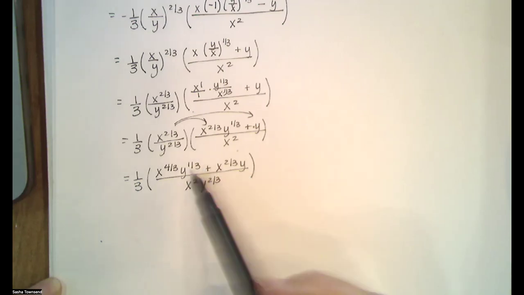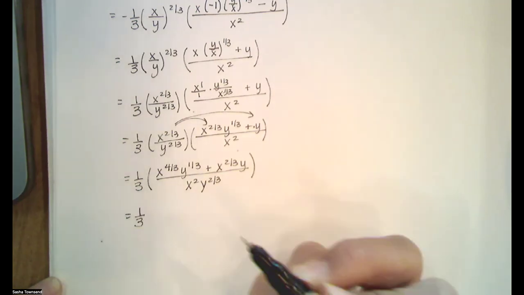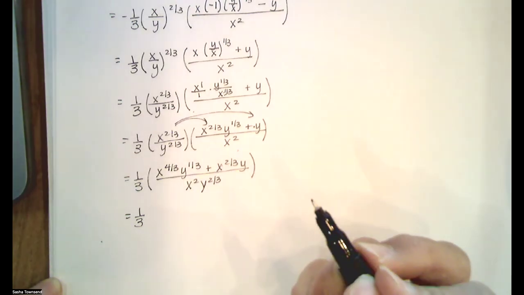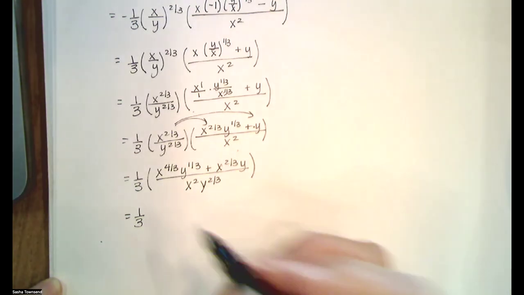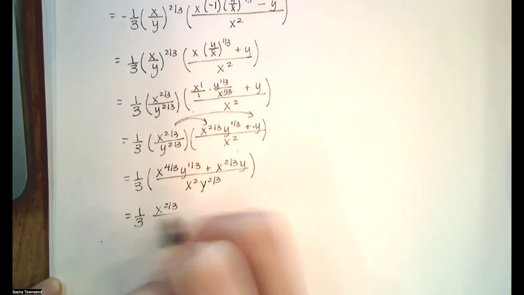I know that these guys have a y to the 1/3 in common, so I can factor out a y to the 1/3. And these guys have an x to the 2/3 in common. We got x to the 2/3 divided by x squared from the denominator.